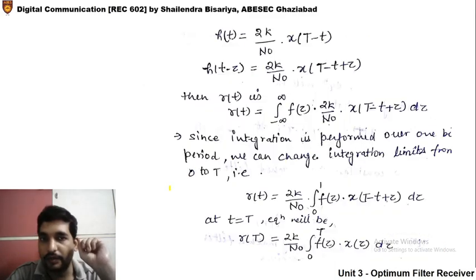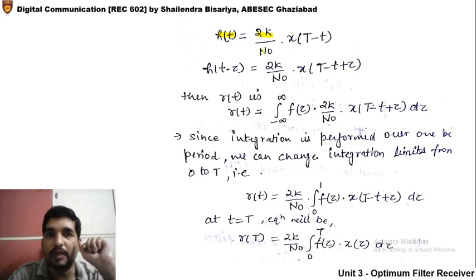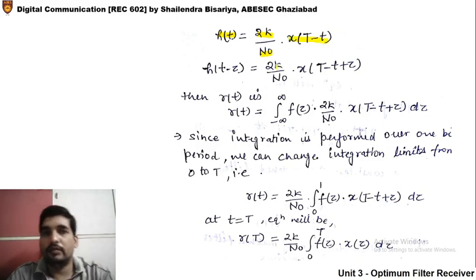For a white Gaussian noise random process, h(t) can be written as 2k upon n0 times the input signal x(T minus t). So h(t minus tau) will be 2k upon n0 times x(T minus t plus tau).